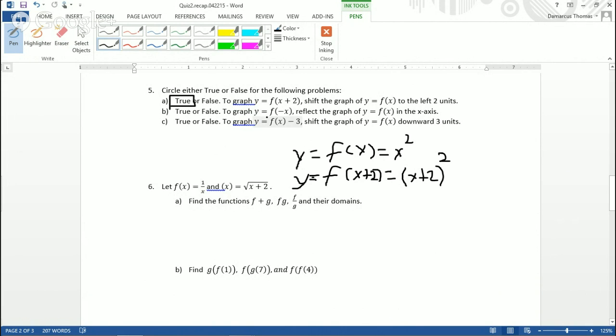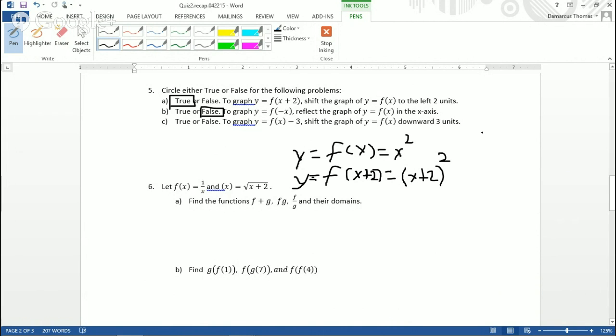True or false: to graph y equals f of negative x, reflect the graph of y equals f of x in the x-axis. Is that true or false? That is false. If you have y equals f of x, and all of a sudden you're changing your x values, so if you had positive 2 for x, you plug it in here, you're going to get a negative 2.